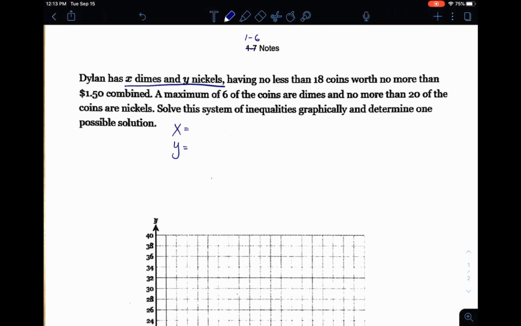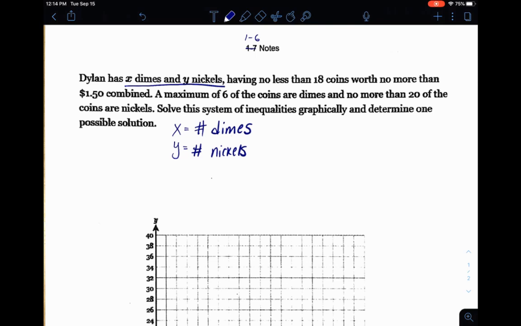How many dimes, right? So the number of dimes is our X value, and our Y value is the number of nickels.